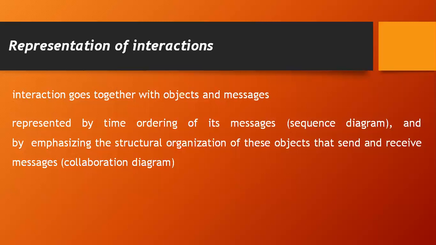A sequence diagram lets us model the lifeline of an object, where an object's lifeline represents the existence of the object at a particular time, whereas the collaboration diagram lets us model the structural links that may exist among the objects in an interaction.